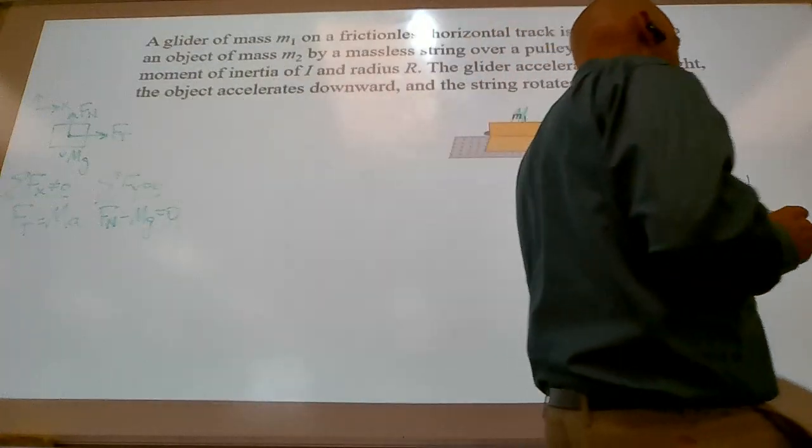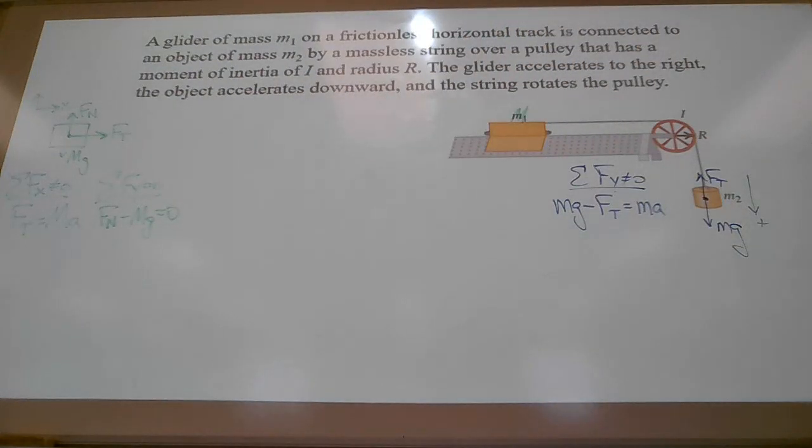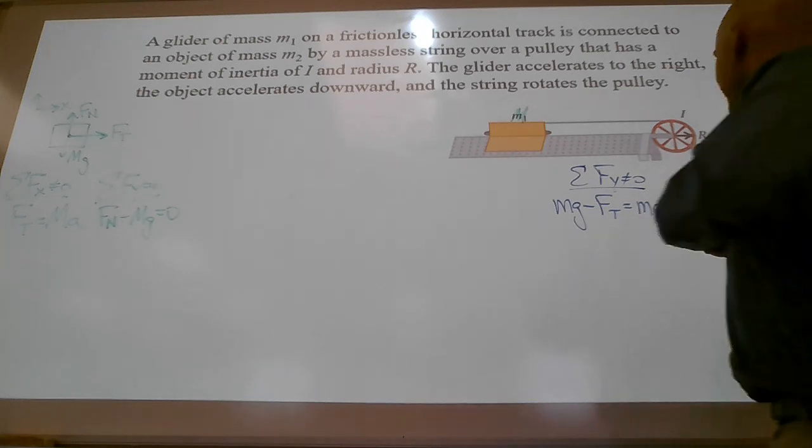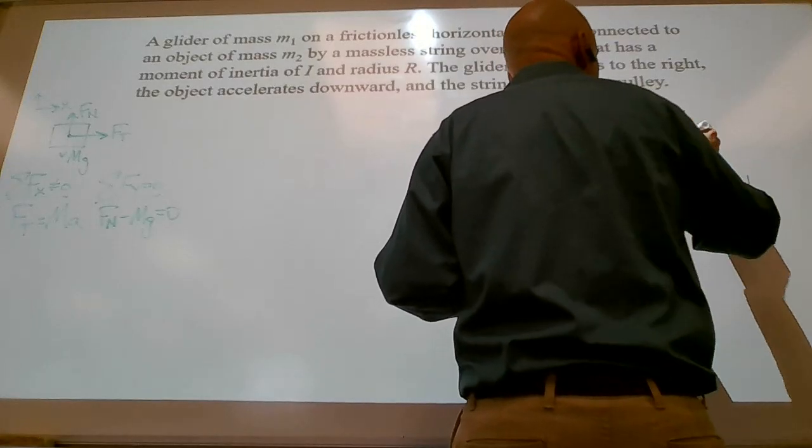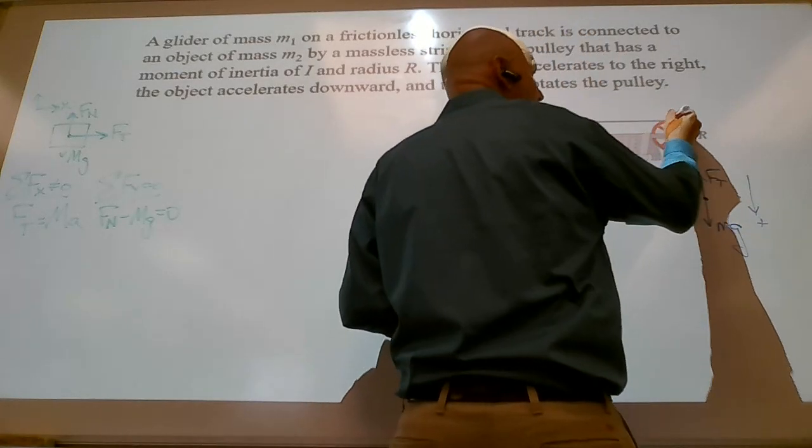Okay. So, hopefully you got those two. Let's talk about the pulley. Anytime something's going to rotate, you're going to want to draw an extended free body diagram, showing where the forces are active on the object.